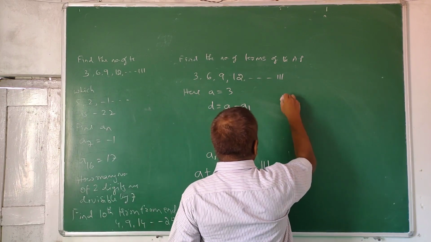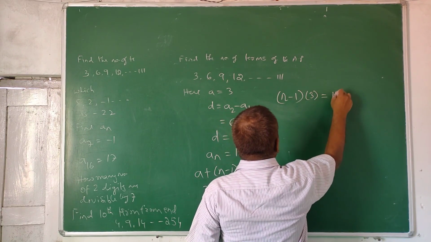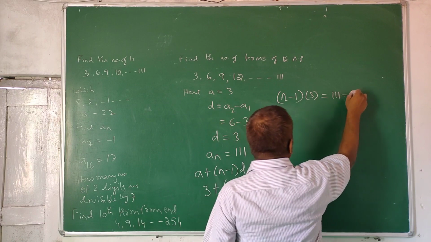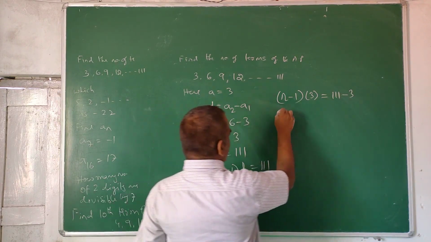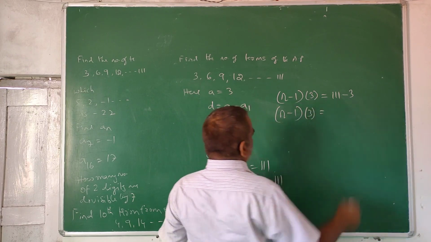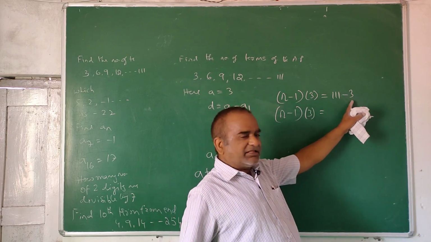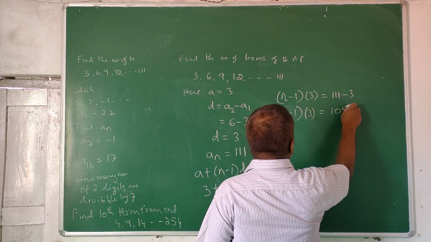So N minus 1 into 3 is equal to 111 minus 3 by transposition. So if you subtract 3 from 111, you get 108.